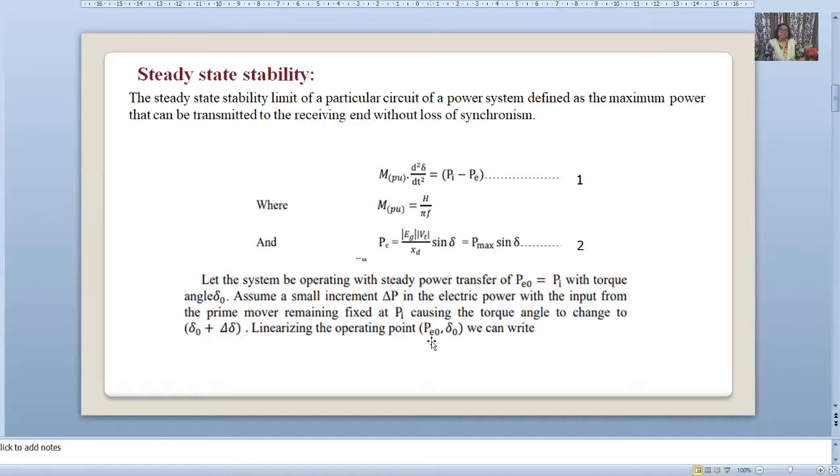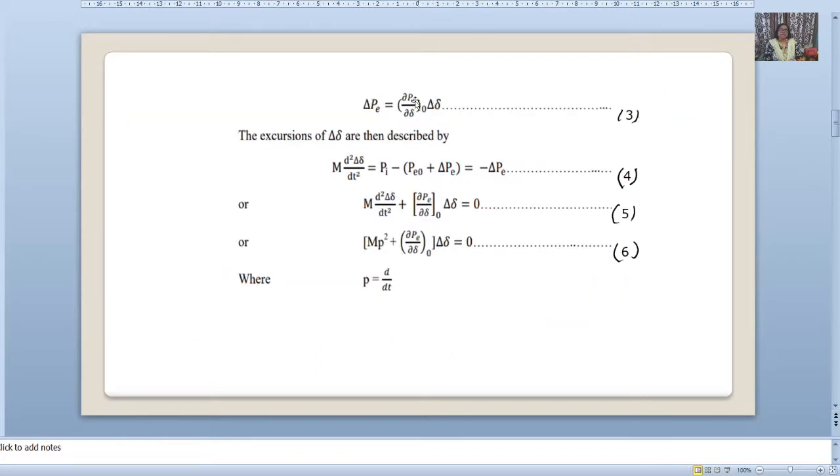Linearizing about the operating point P0, del 0, we can write this equation: delta P by delta del is equal to del Pe upon del del. So delta P is equal to del P upon del del into delta del.